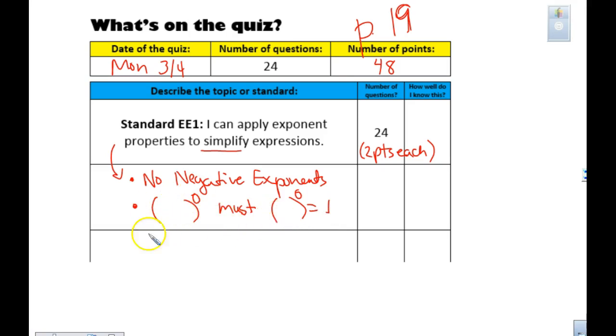That's not simplified. And the other thing that I just talked about on the quiz is that you cannot have the same variable in both the numerator and denominator.